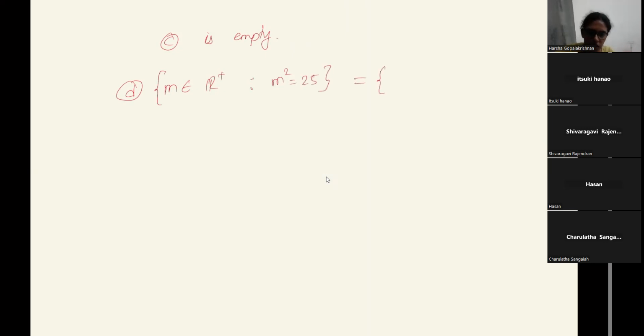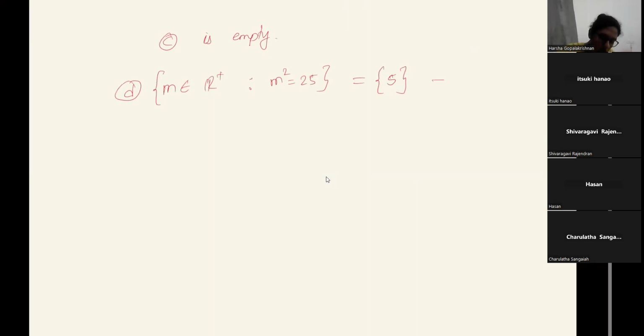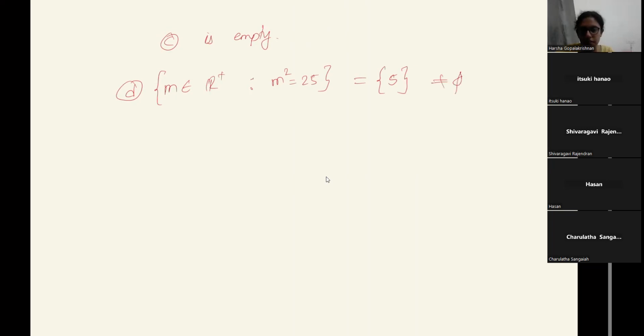Yes, ma'am. 5 will be there. 5 is an element, but minus 5 is not an element because minus 5 is a negative real number. So this is also not empty. R plus means positive real numbers. And Q is rational numbers. If we are getting Q plus, then it is positive rational numbers.